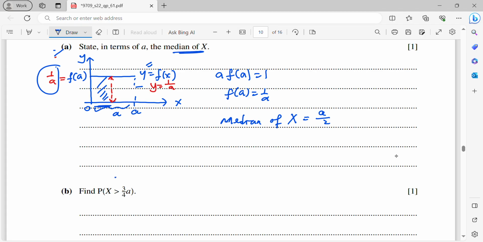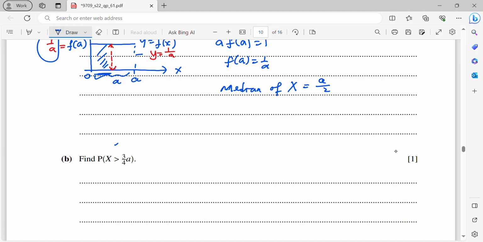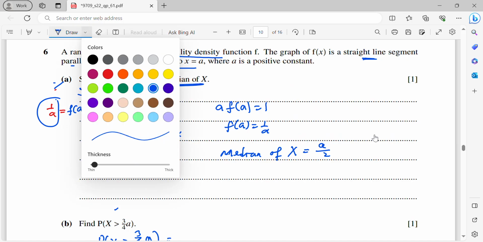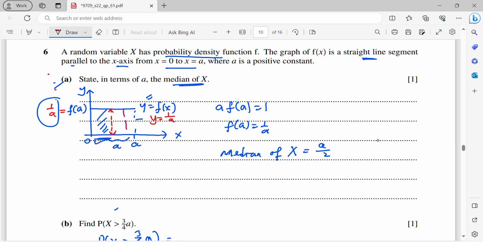Now, P, probability of X greater than 3a over 4. So now, we know that P of X greater than 3a over 4 is, okay, let's say here is 3a over 4. Now you need to find the area of this. So the distance here is going to be a minus 3a over 4, which is a over 4.